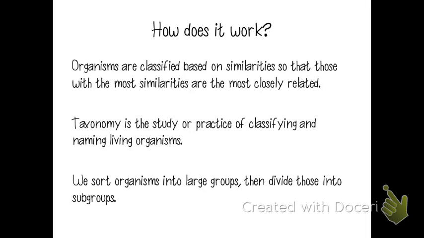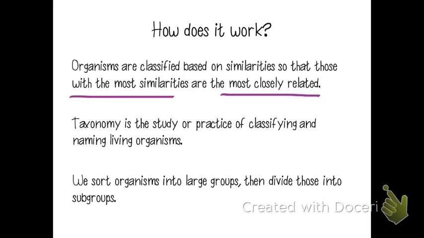So how exactly do taxonomy and classification work? Linnaeus is using similarities in organisms to classify them. Those with the most similarities are going to be the most closely related. As we go from a broad group and narrow it down smaller and smaller, the smaller you get, the more in common those organisms are going to have with each other.